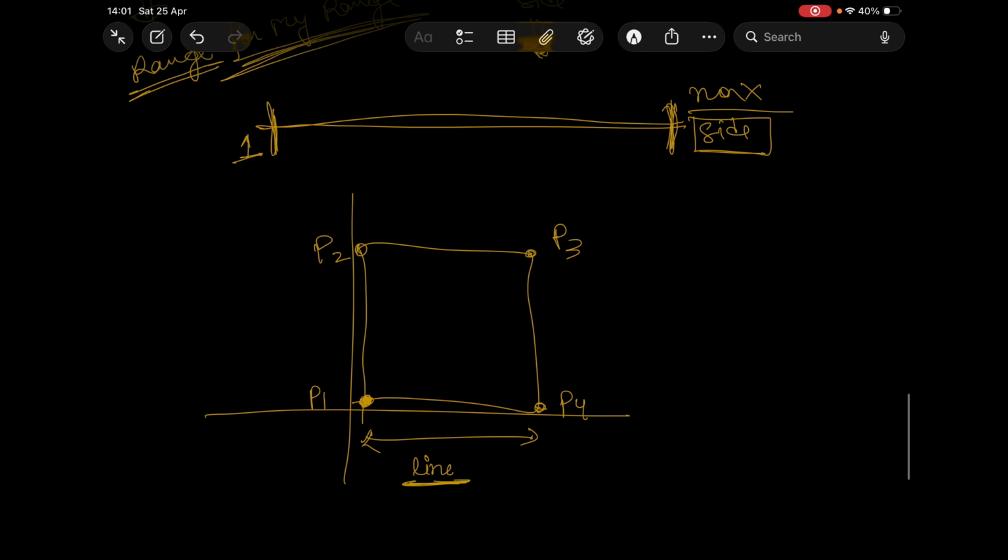Since our answer can be max side, if I am at some point here, my answer can go from points at max till here. But if I see something opposite this line, the distance would be greater than side. And I know that the minimum distance cannot be greater than side. Okay, so I can simply discard that opposite point. I don't need to consider it.